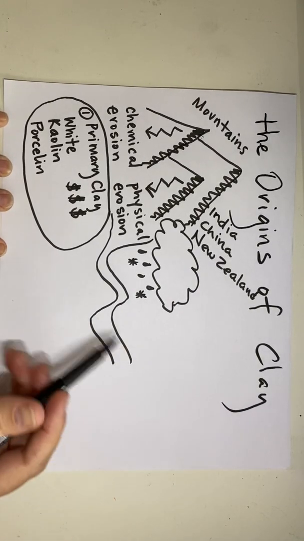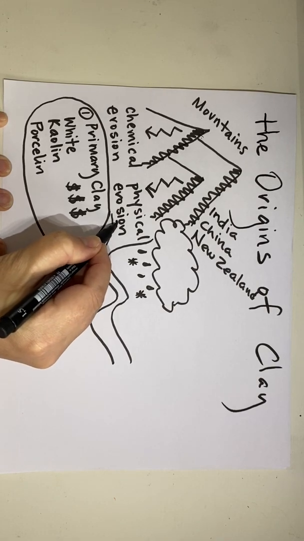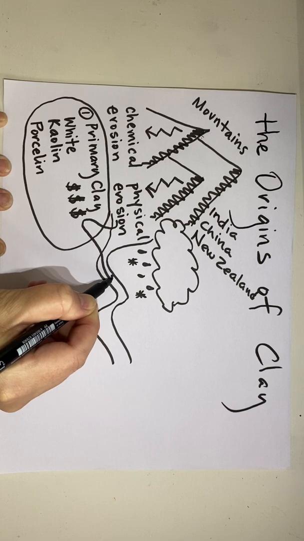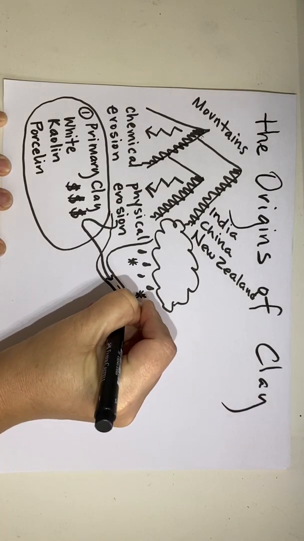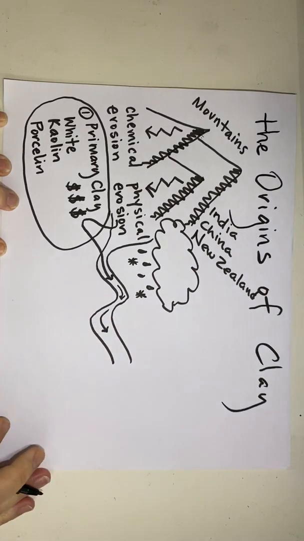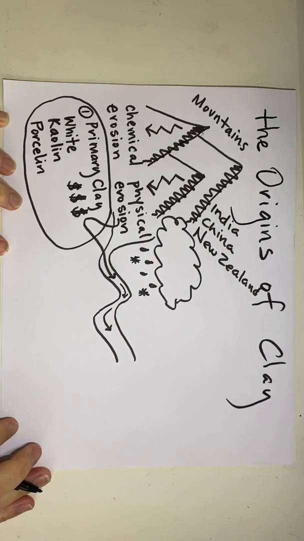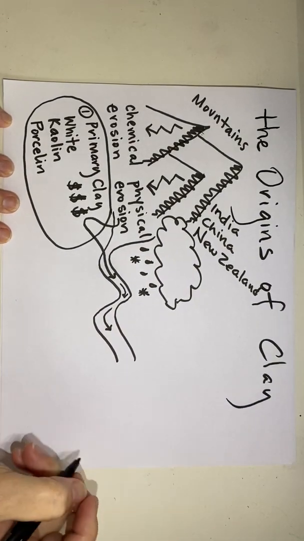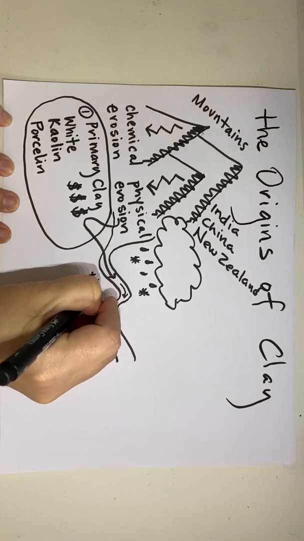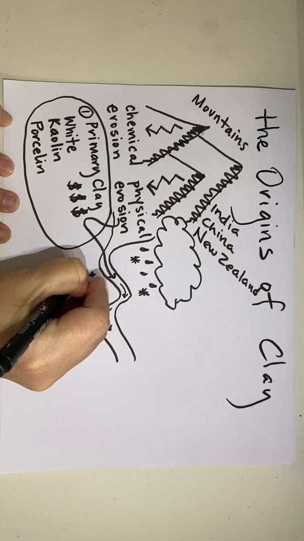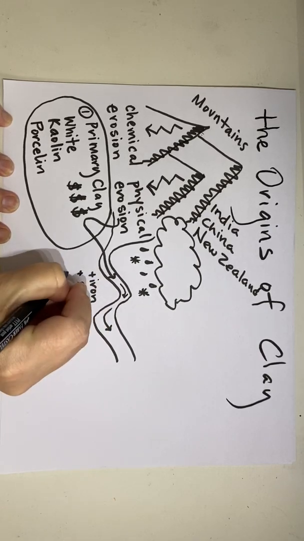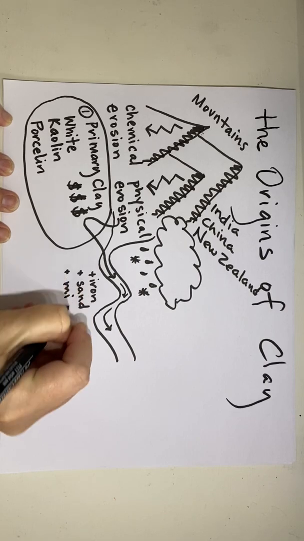This water will go into our deposit of primary clay, pick up some primary clay, and start taking it down the river. And on its way down the river, it's going to pick up some iron, some sand, and some other minerals.